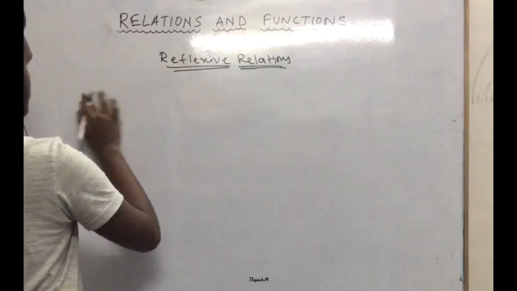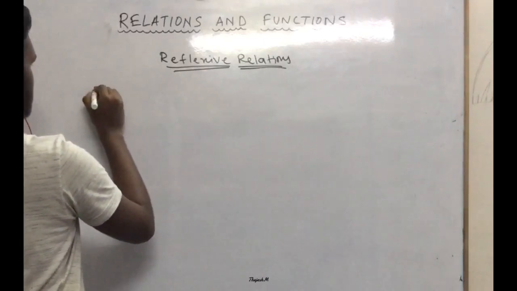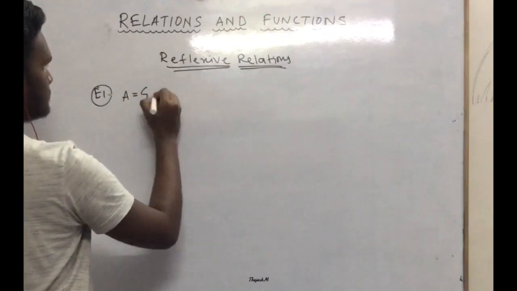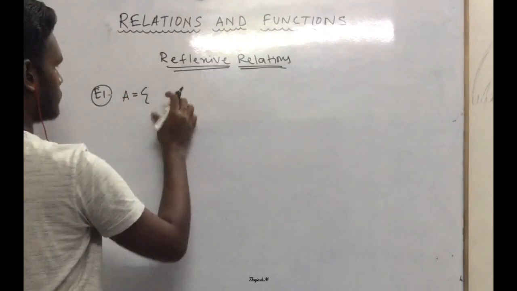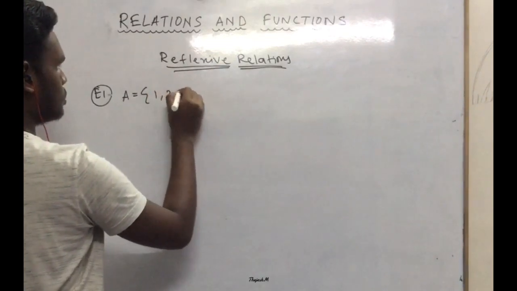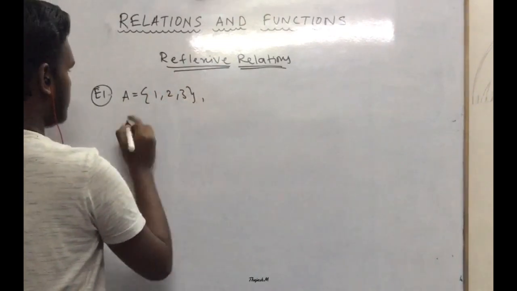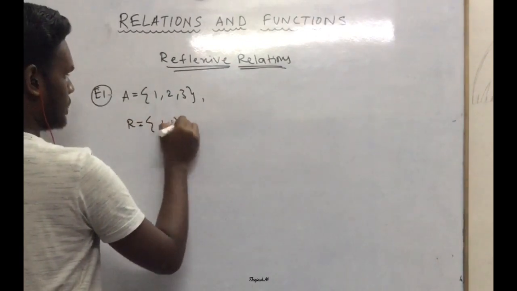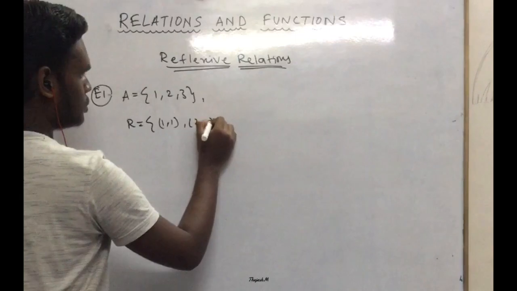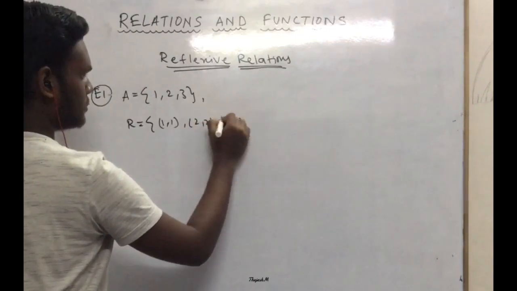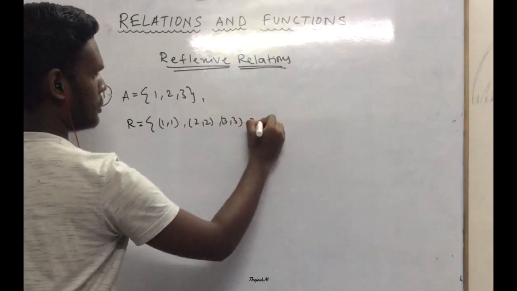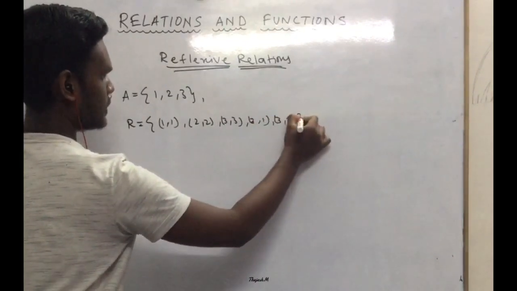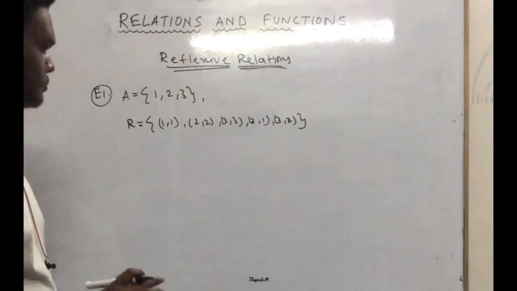So for an example, let's take this as example 1, and I'll take a set {1, 2, 3}, and we get R is equal to {(1, 1), (2, 2), (3, 3), (2, 1), (3, 2)}. Let this be the relation.